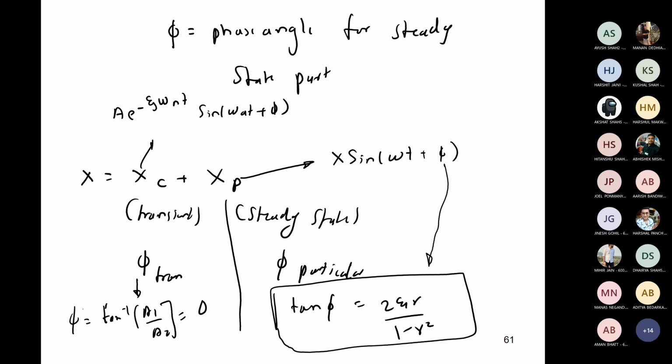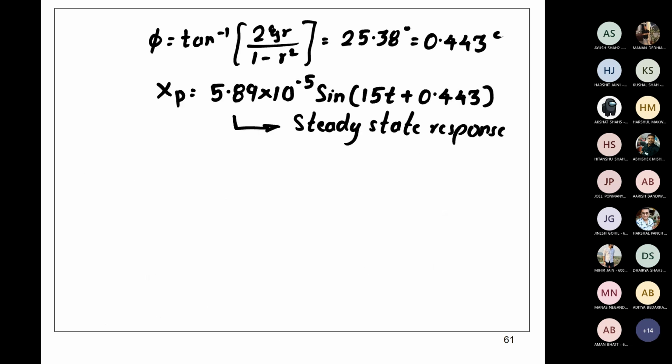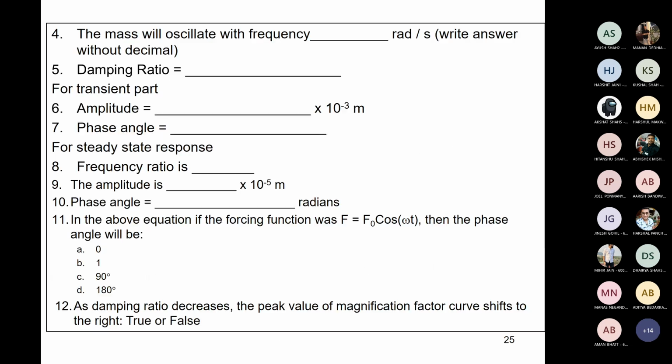So phi will be 0. Calculate all these values, substitute them in the quiz, and submit it.